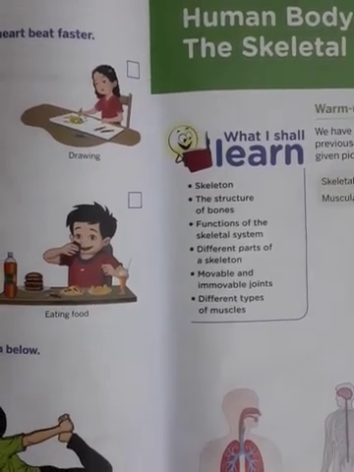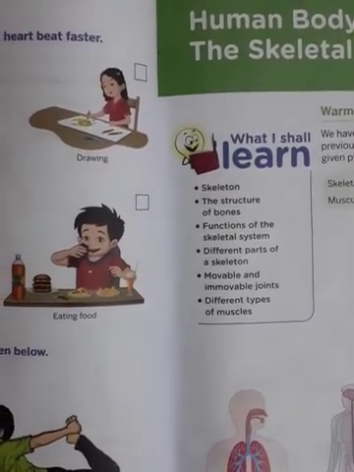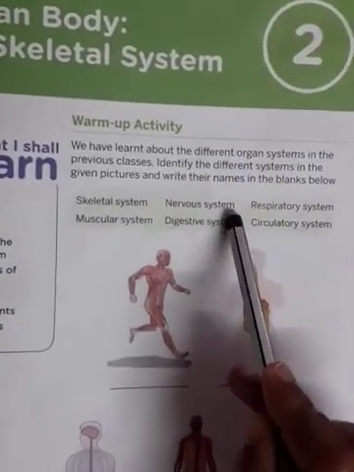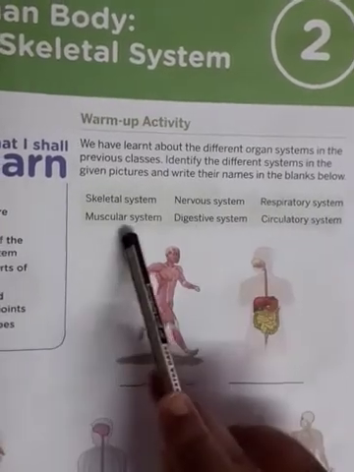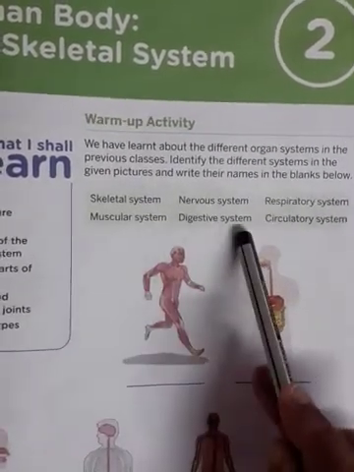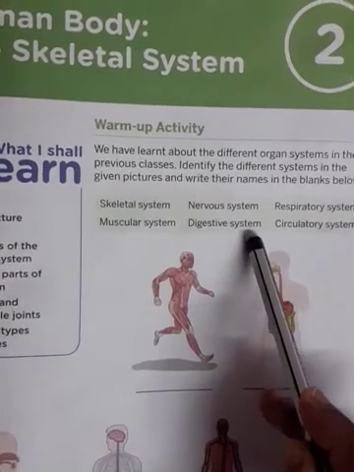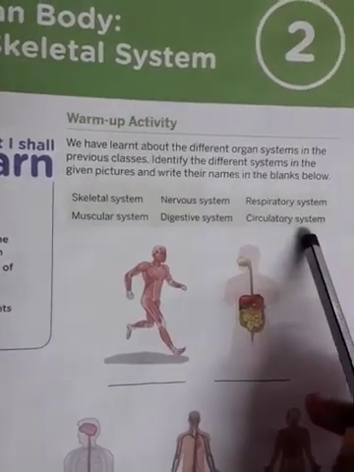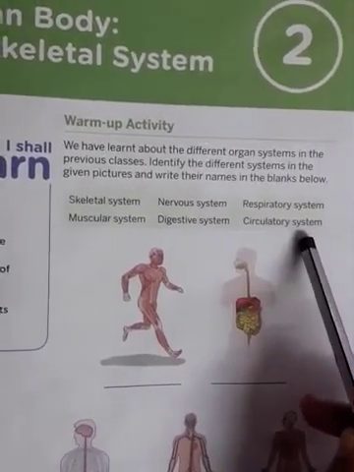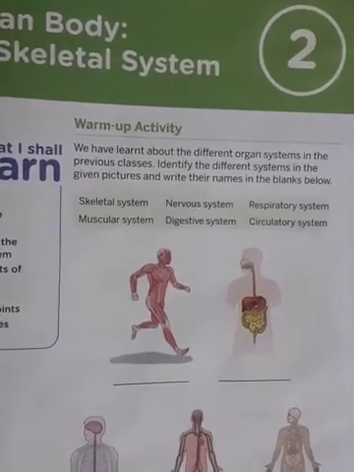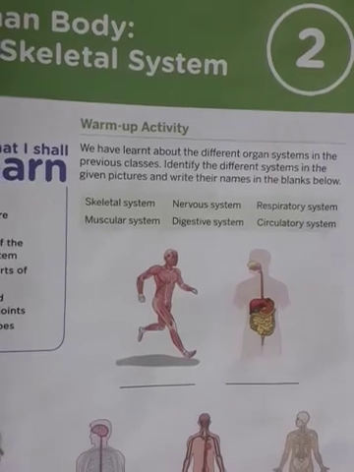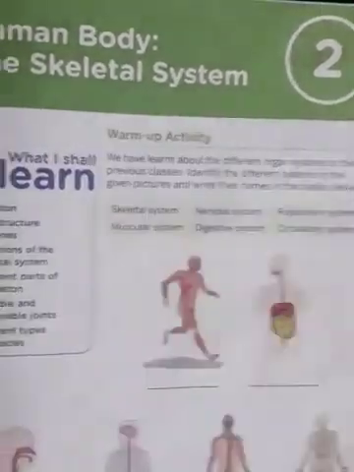The different organ systems are the skeleton system, nervous system, respiratory system, muscular system, digestive system, and circulatory system. In this chapter, we will learn in detail about the skeleton system.